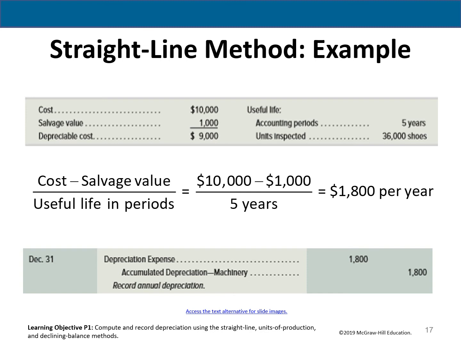So each year when you're doing your adjusting journal entry, you'll debit depreciation expense, credit accumulated depreciation machinery for the $1,800. This method gets its name because if you graph this over 5 years, it's $1,800 each year. It would make a straight line. See, we're not fancy in accounting.